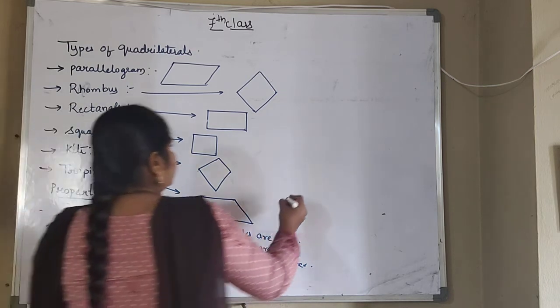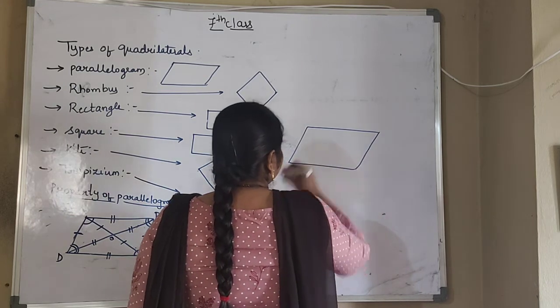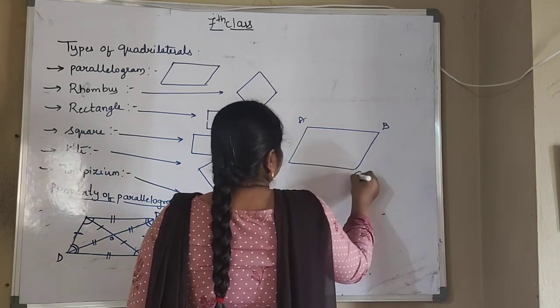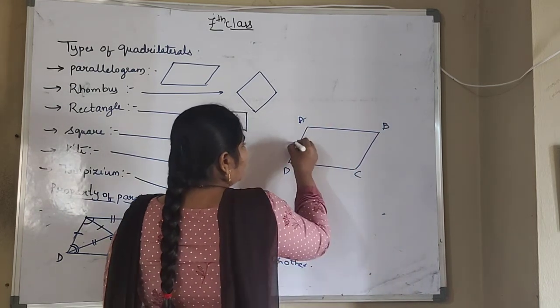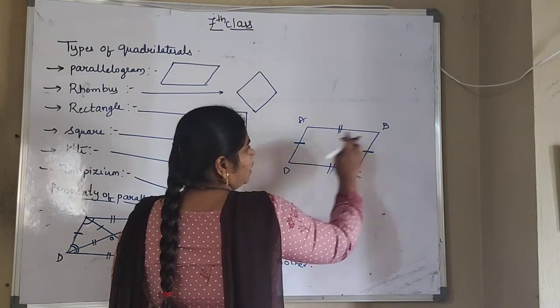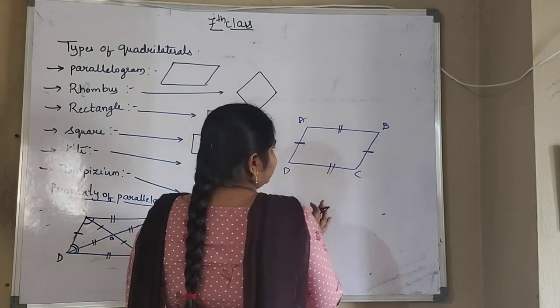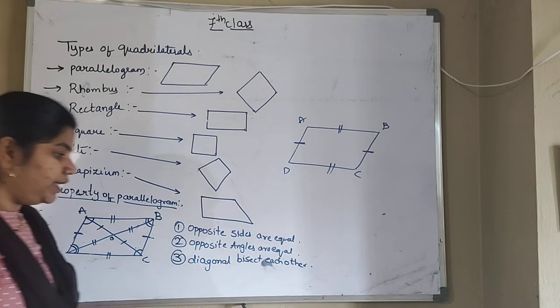So once again, I am drawing one parallelogram. What is the first property? Opposite sides will be equal. AD will be equal to BC and AB is equal to DC, and they are also parallel to each other.